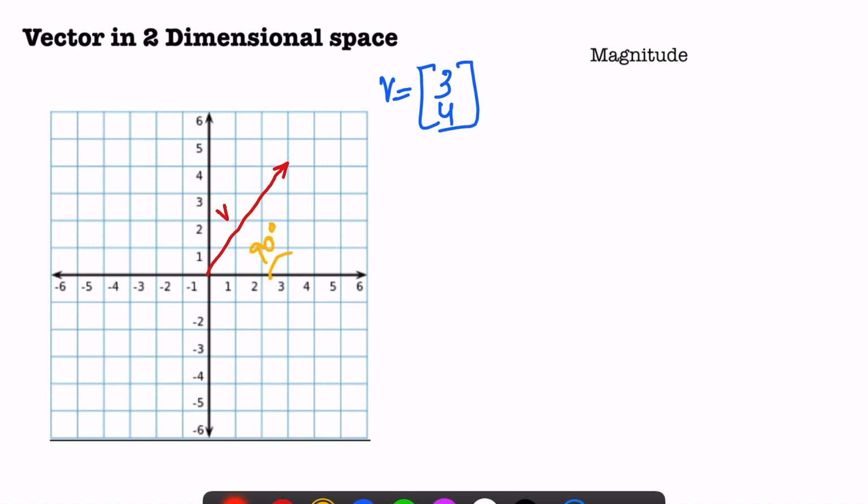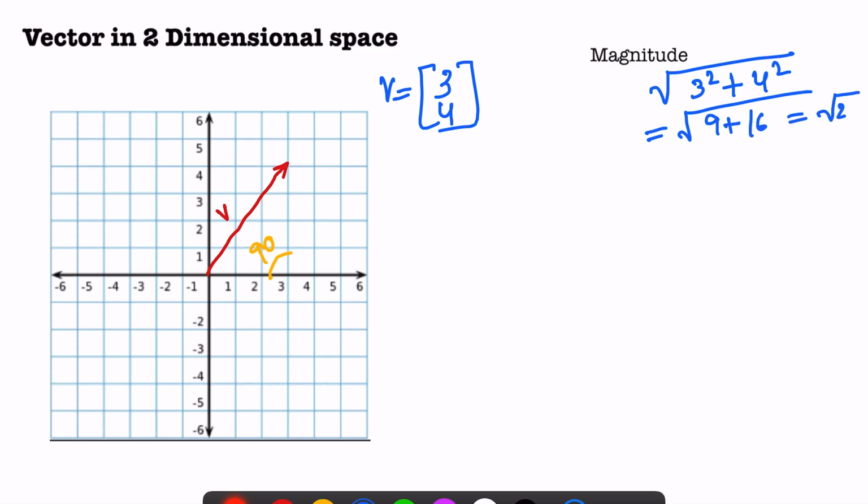So using Pythagoras theorem, we can compute the length of this vector as the square root of 3 square plus 4 square, which is the square root of 9 plus 16, which is the square root of 25, which is 5, right? And we write the magnitude of a vector like this, mod of v.